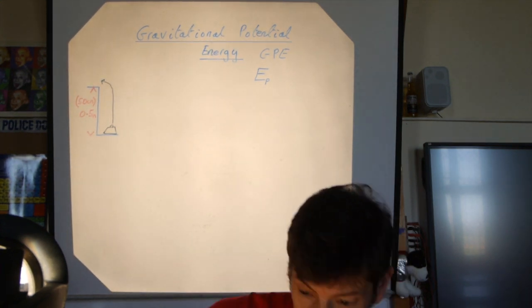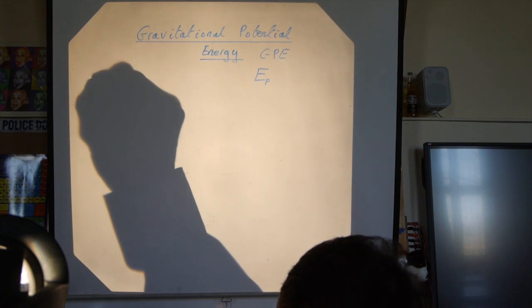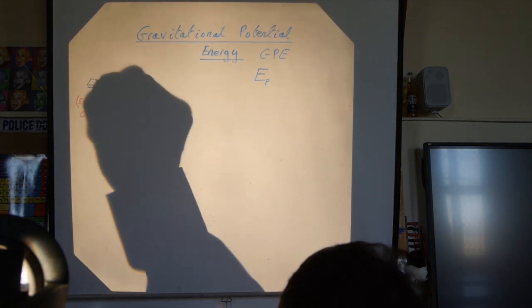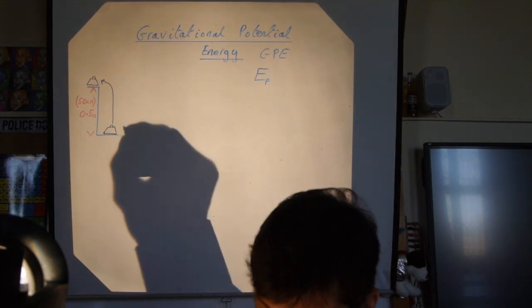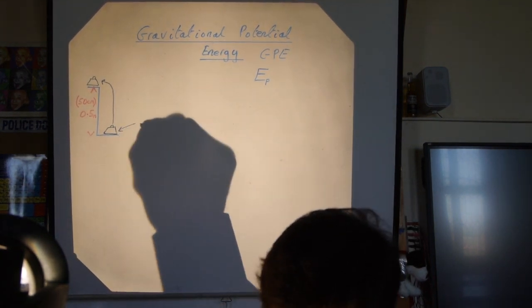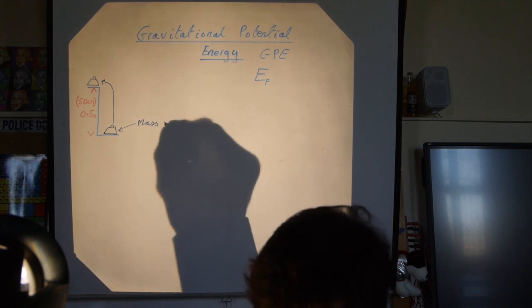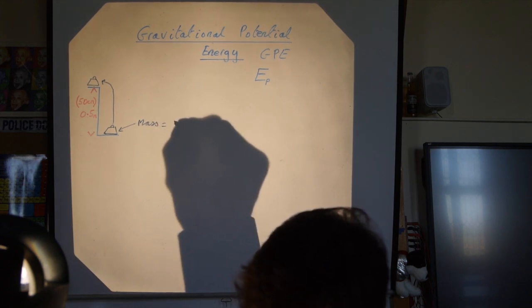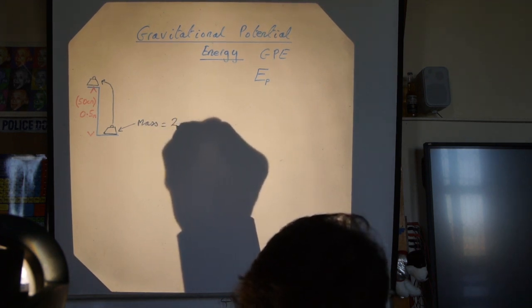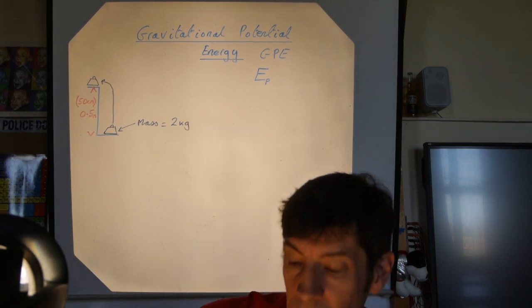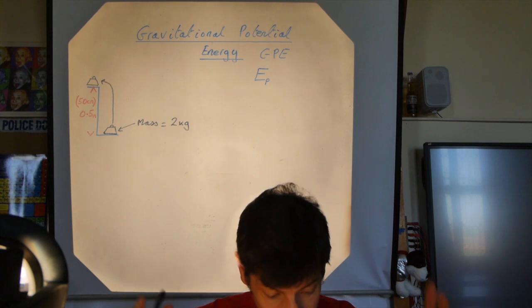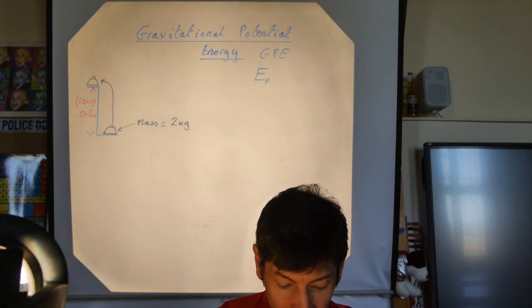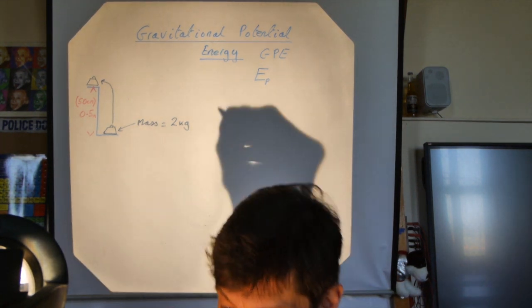So this thing, our weight, ends up here. Let's say that this one has a mass of 2 kilograms. If they give it to you in grams, you must convert it to kilograms. Now, there's one other thing we need to know: that we're on Earth.